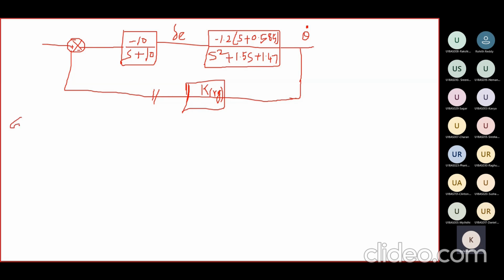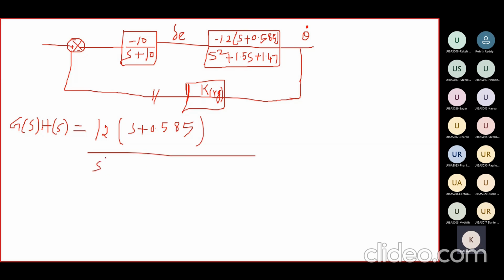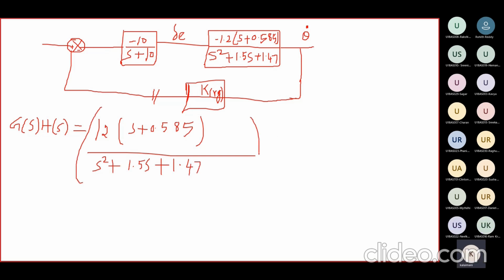Therefore, your open loop transfer function G of s into H of s is minus 10 into minus 1.2, we will get 12 into s plus 0.585, divided by s plus 10 into s square plus 1.5s plus 1.47, into the feedback, which is the rate gyro sensitivity value.